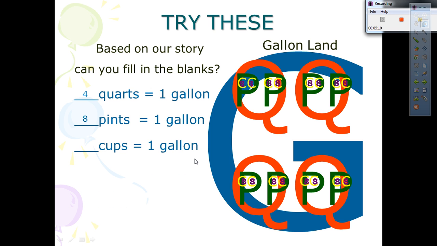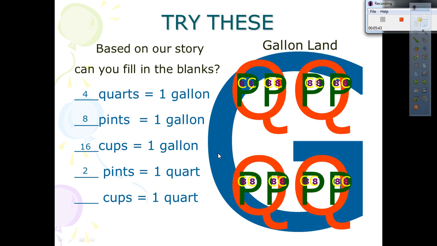If we want to know how many cups are in 1 gallon, we're going to count all of the C's in Gallon land. 2, 4, 6, 8, 10, 12, 14, 16 cups in 1 gallon. To find the number of pints in a quart, we're going to find how many letter P's we find in the letter Q. So in 1 quart, there are 2 pints.